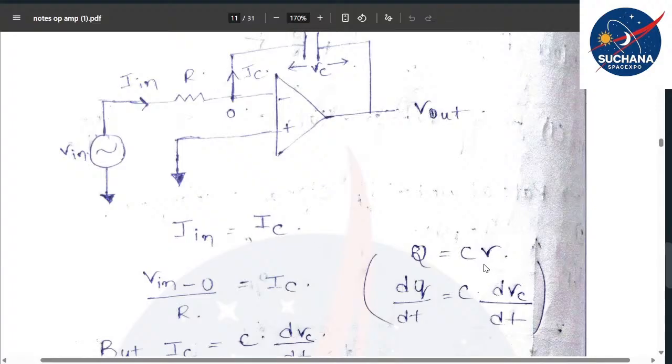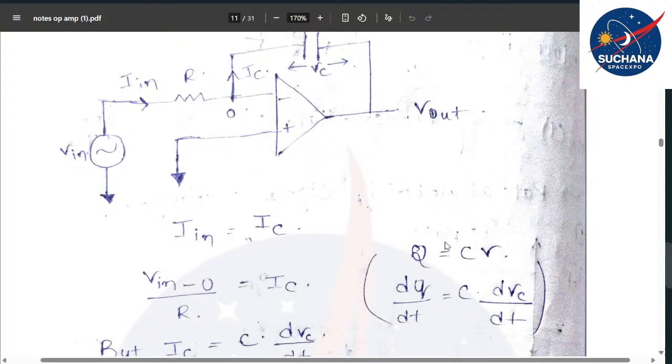You might already have studied capacitors and their related equations in lower classes. In capacitors, Q is equal to CV, or C is equal to Q by V. This is the very basic formula. Capacitance is the ratio of the stored charge to the potential across the capacitor.